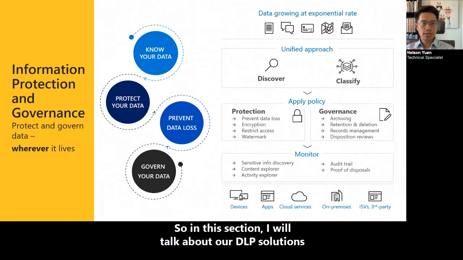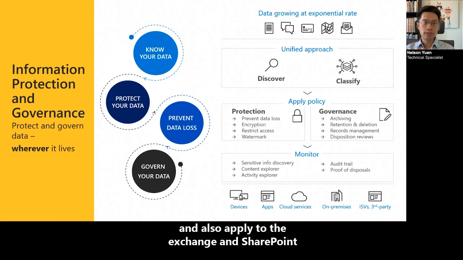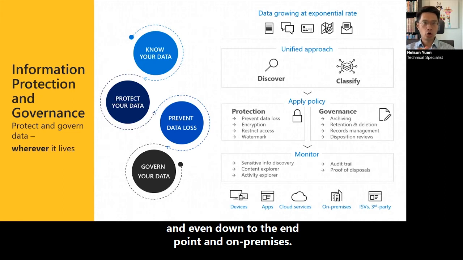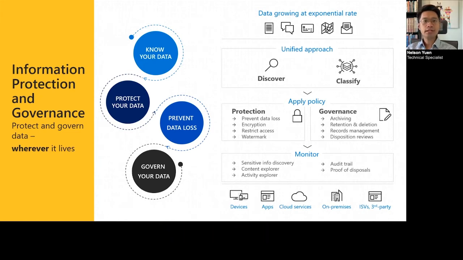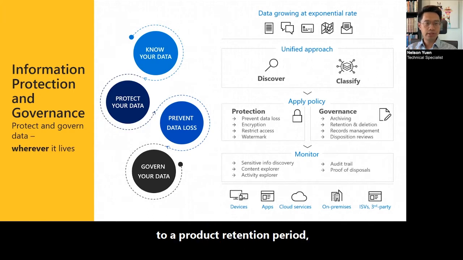In this section, I will talk about our DLP solutions, how they can easily be set up and also applied to Exchange, SharePoint, OneDrive, as well as Teams communication, and even down to the endpoint and on-premises. Last but not least, the solution also covers governance, so that they can apply a governance label to apply the retention period, to make sure that these documents are retained for certain years, days, or months within the organization.